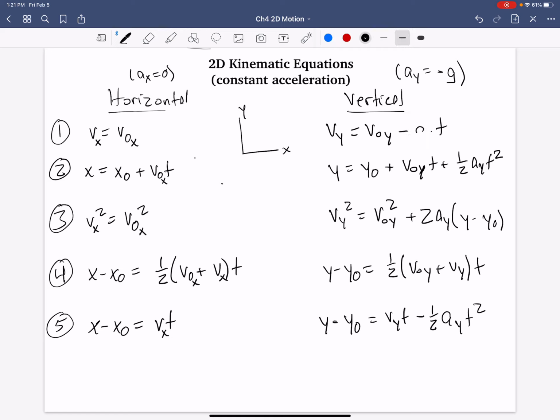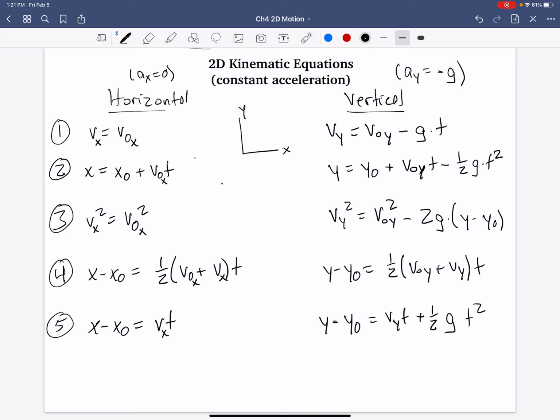Let's put in a minus g there, and this becomes a minus 1/2 g t squared. This becomes minus 2g delta y. And in equation 5, it becomes now plus 1/2 g t squared. So these are how the vertical equations change.